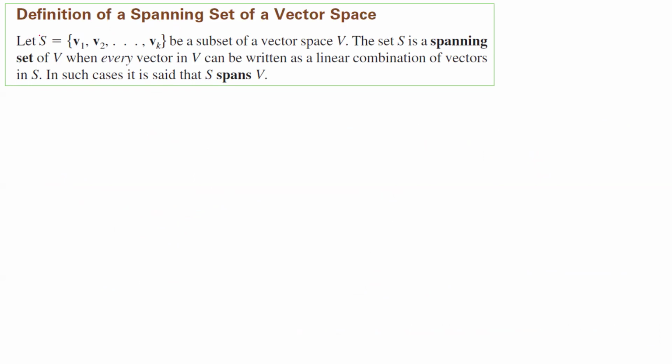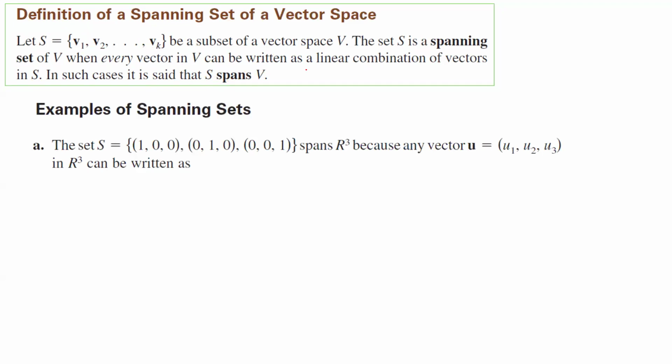Suppose you have a set S that includes some vectors like V1, V2, V3, Vk, and so on, and it's a subset of a vector space V. We say that this set is a spanning set of vector space V when every vector in V can be written as a linear combination of vectors in S. In this case, we say that this set spans the vector space V. So you just need to have a bunch of vectors such that any vector in V can be written as a linear combination of these vectors.